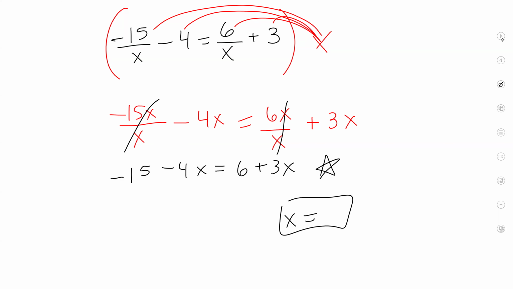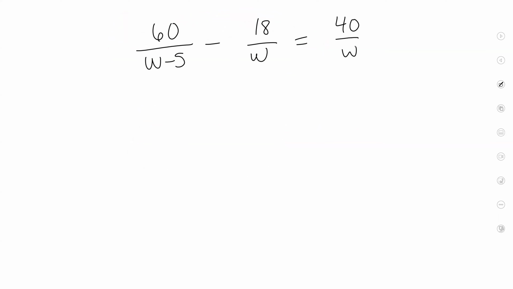Another question on the test review is number 11. It looks like this. 60 over w minus 5 minus 18 over w equals 40 over w. All right, so we have to think about what would make all the denominators the same. If they were the same, what would it be? What's this one missing?